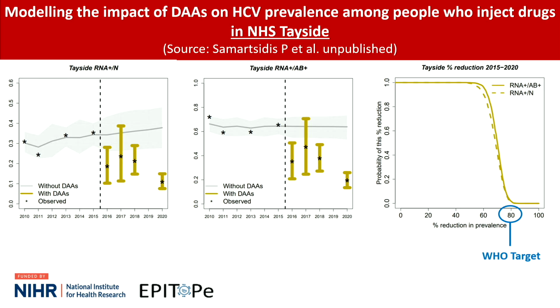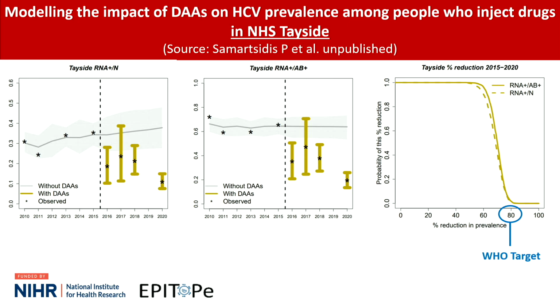And on the far left there, you can see how prevalence is, pre-DAAs, we're getting around 30% prevalence of Hep C RNA in the whole population. And since the scale-up of treatment following the introduction of DAAs, we've seen a drop in RNA prevalence down to around 10% in the last survey, 2019-2020.